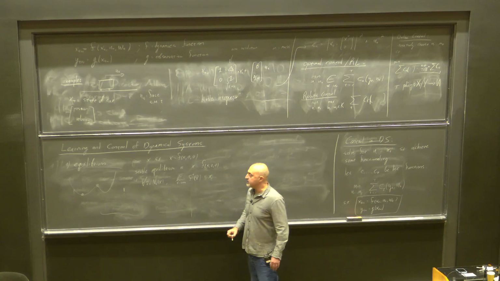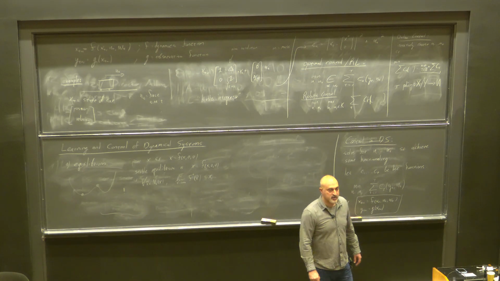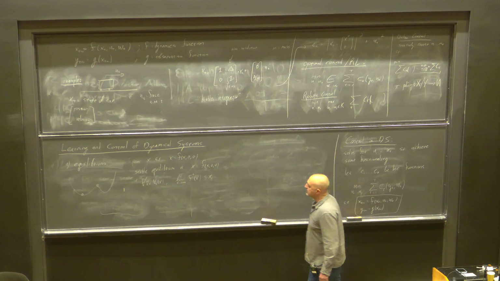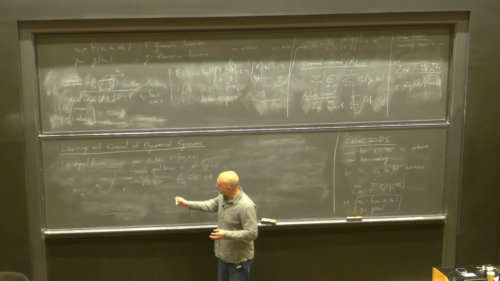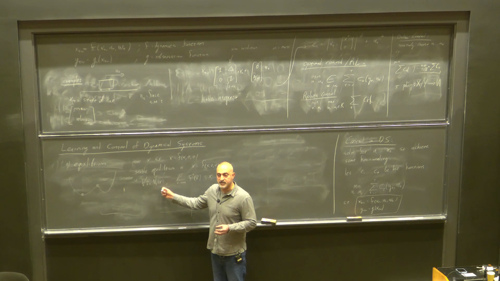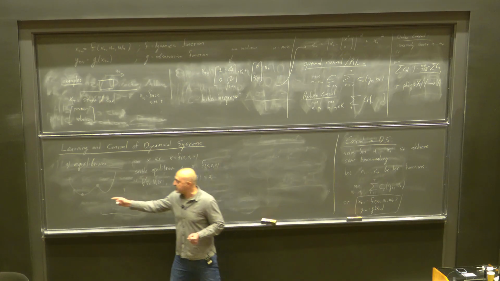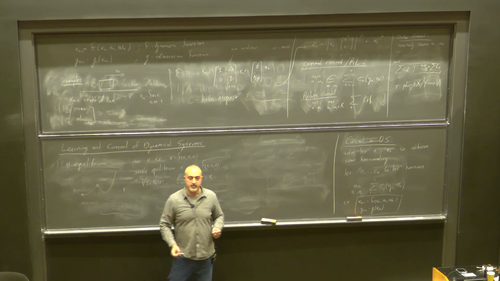So if I apply the dynamics without control and without noise in some small neighborhood, it's going to go back to the x. That's what this means. So this is a stable equilibrium, and this is an unstable equilibrium over here.